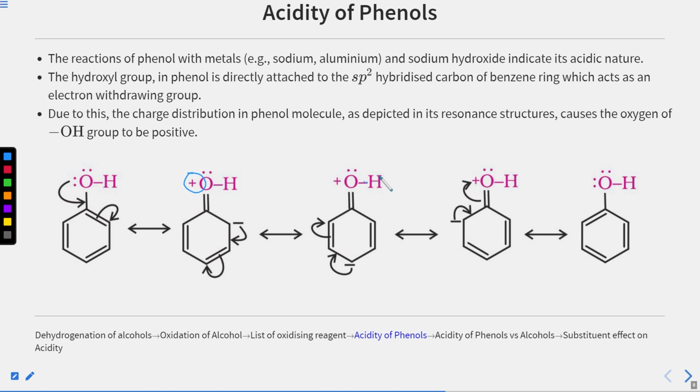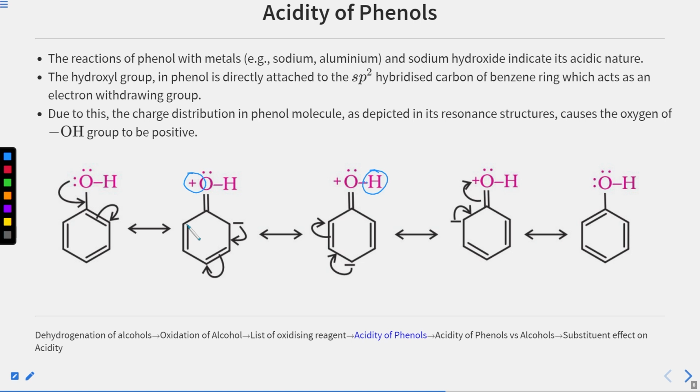Because a proton has to be removed, if the electron density is attracted towards oxygen, then we can remove your proton. And how can it be seen? We have seen this resonance in electrophilic aromatic substitution also, where we said that since this oxygen is donating its electron to the ring, it is activating the ring. So if it is activating the ring, it must itself be getting deactivated.